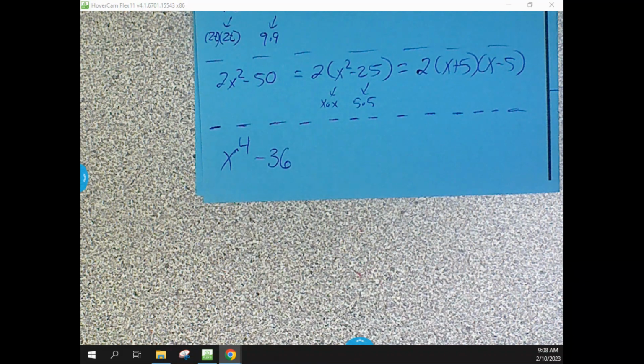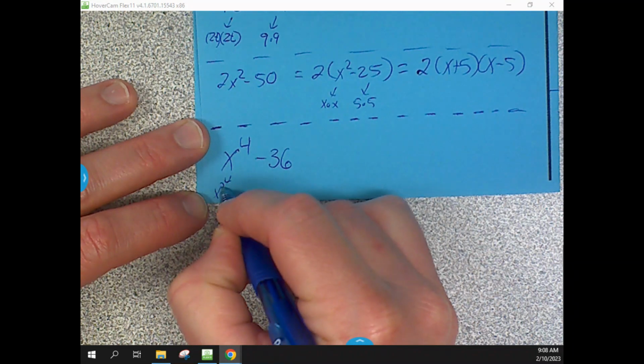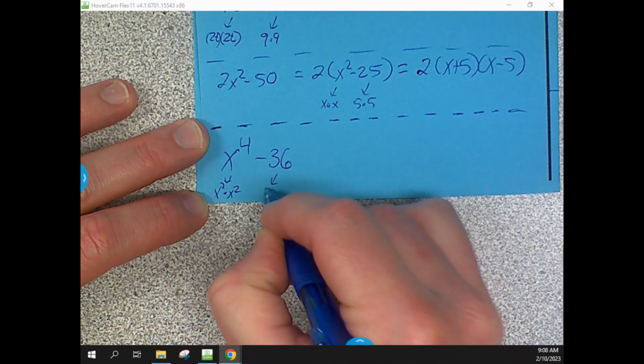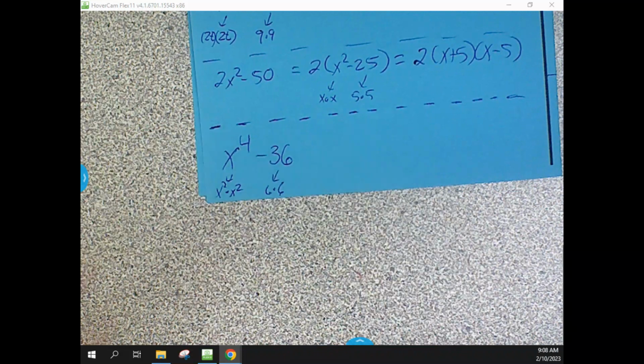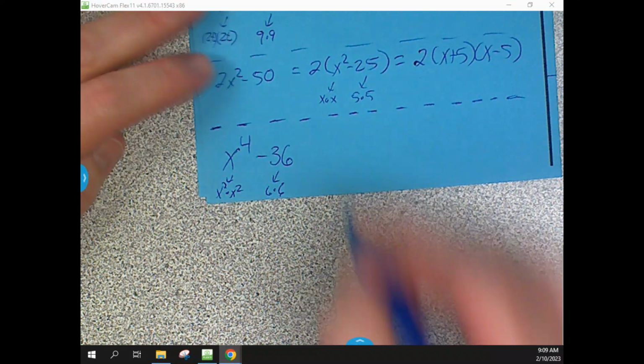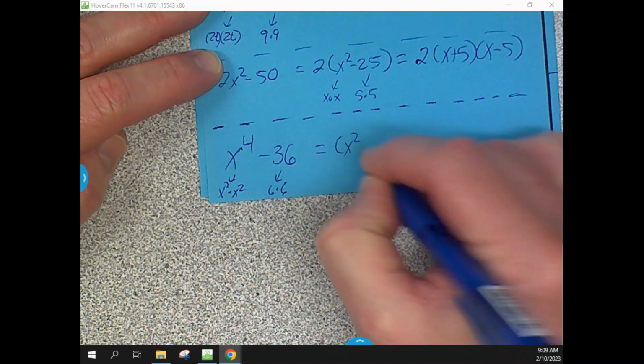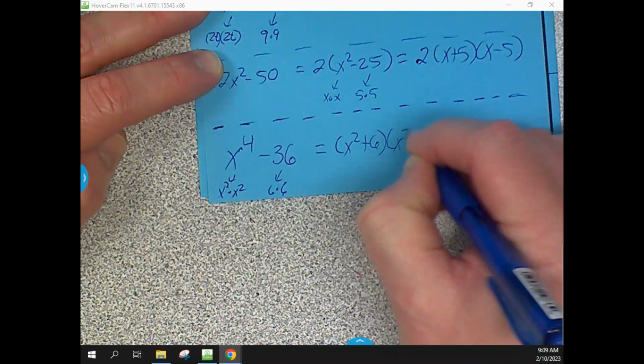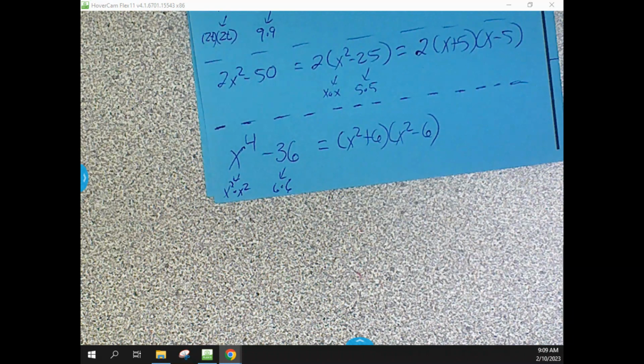But what about x to the 4th? Yeah, x squared times x squared, right? So as long as they give you a number that's got an even power on it, you can just cut it in half, and that makes it a perfect square for that part of it. So for that one, we'll just make it x squared plus 6 and x squared minus 6.